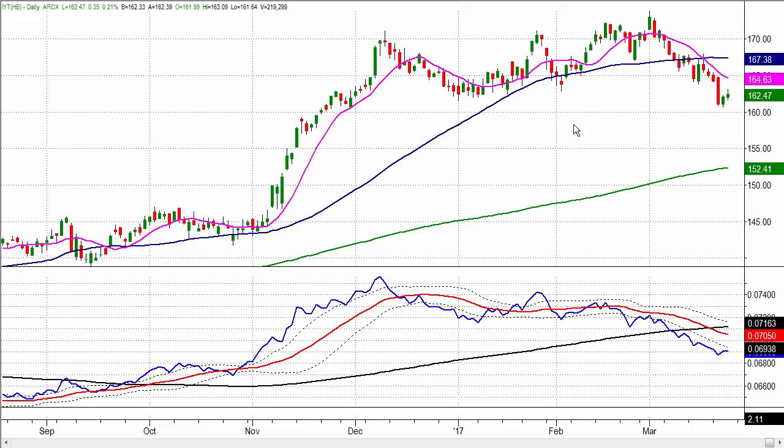Now, if we take a look at IYT, it's the same story. It pulls back to the 50-day moving average, but when it does that, look at where your triple play leadership line is. Bearish. So when you have a market that pulls back to the 50 and you have a bearish triple play, especially one that's been developing for some time, you want to be out of the way.